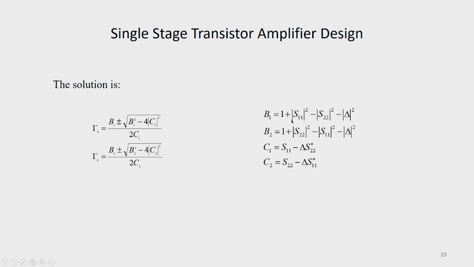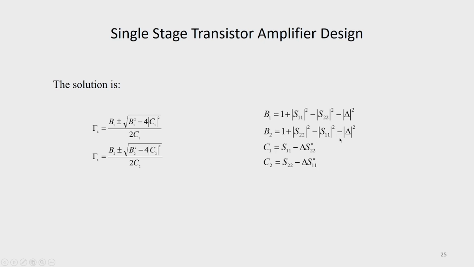B1 is equal to 1 plus mod S11 square minus mod S22 square minus mod of delta square. B2 is 1 plus mod S22 square minus mod S11 square minus mod of delta square, and C1 is equal to S11 minus delta S22 conjugate, C2 is S22 minus delta S11 conjugate.